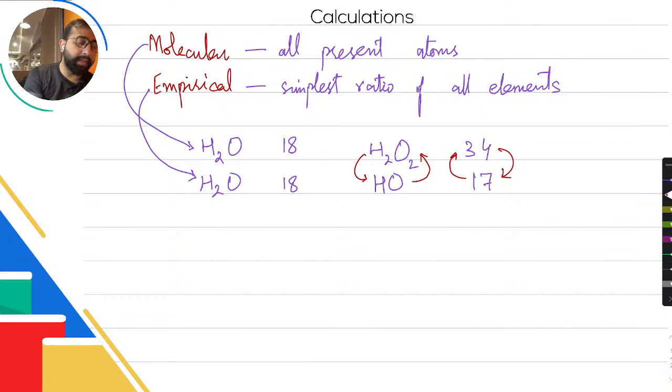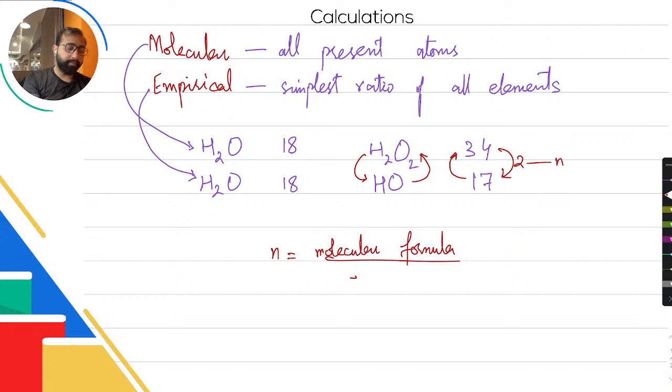Basically, this number that I'm multiplying with, this 2, is called the ratio. It's the multiplying factor that we have. So this number is basically the ratio between molecular formula and empirical formula, and this is the same ratio for molecular mass and empirical mass.